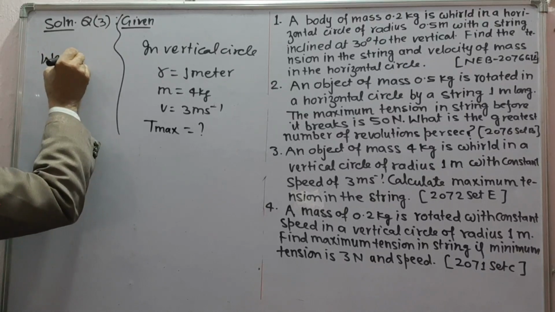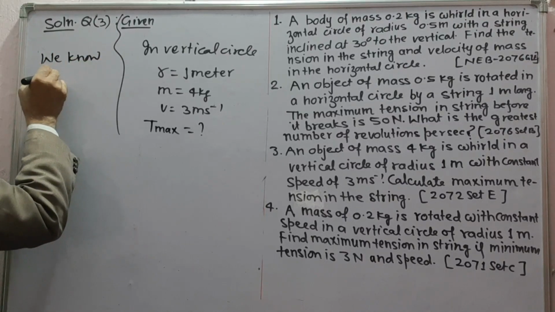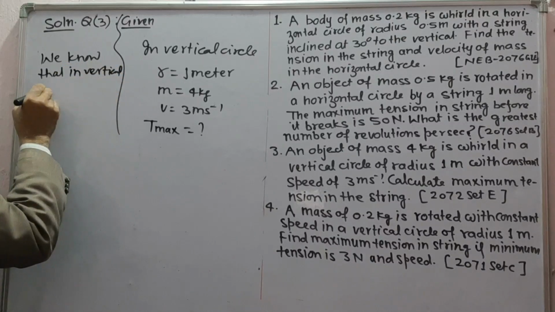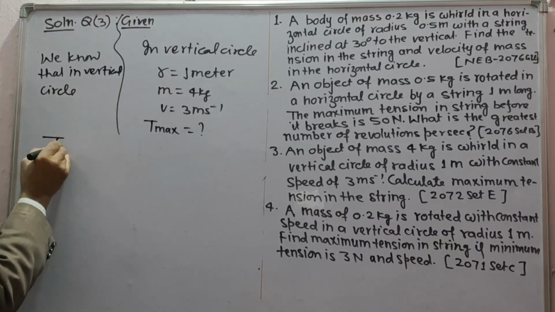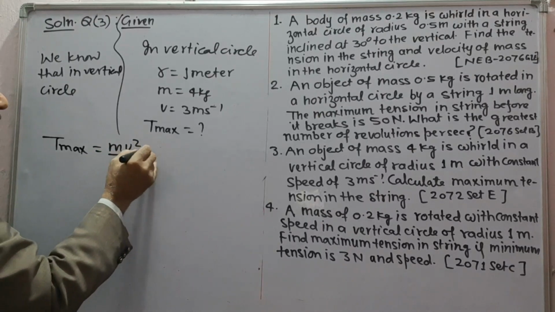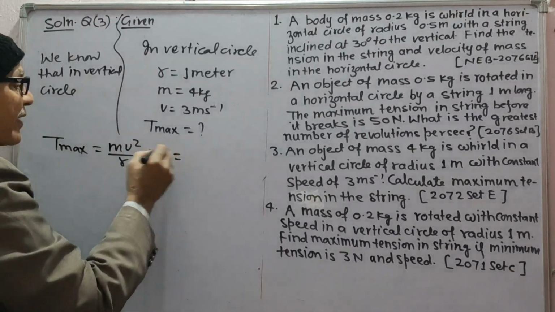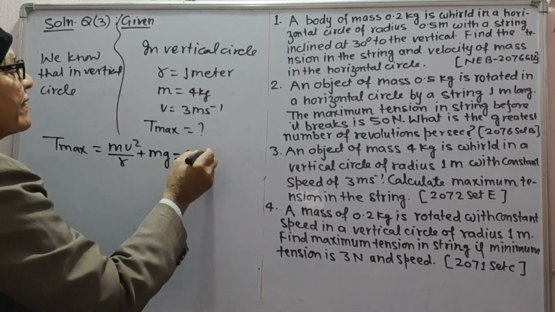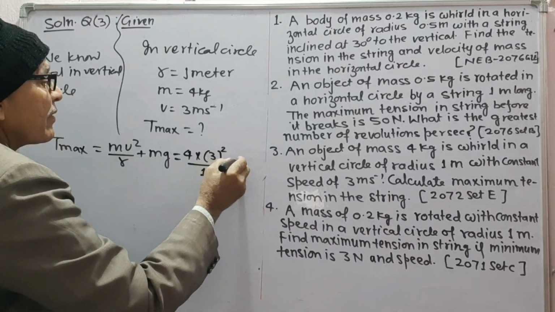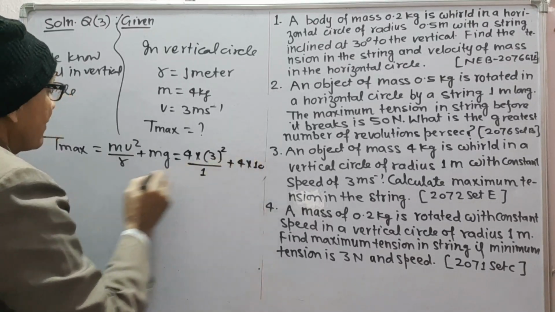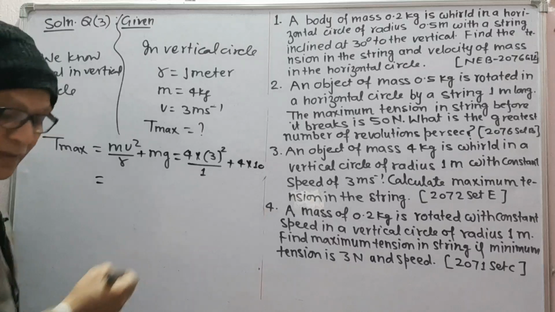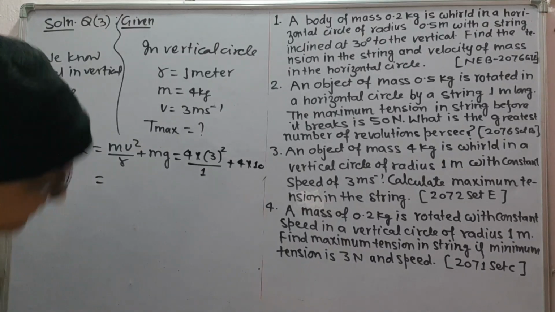We know that in vertical circle, T max is given as mv square upon r plus mg. Here values are known. M is 4, V is 3, R is 1 plus 4 into 10. So, maximum tension will be 76 Newton.